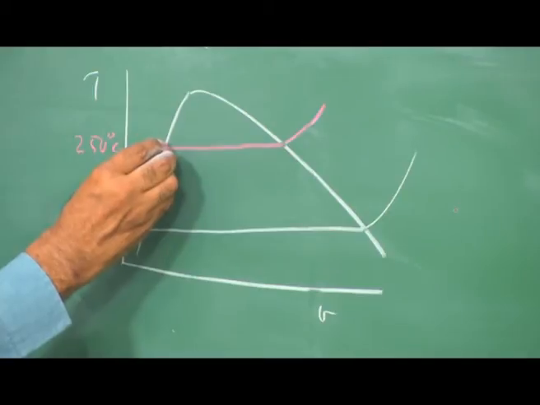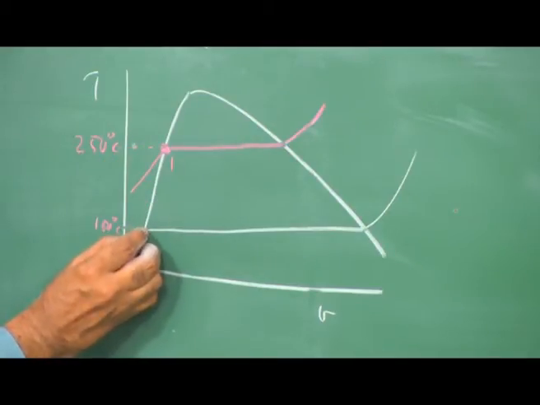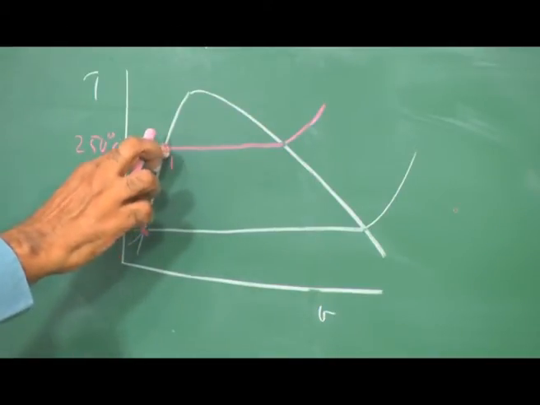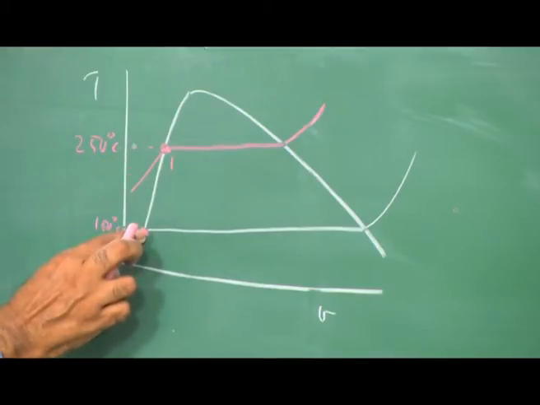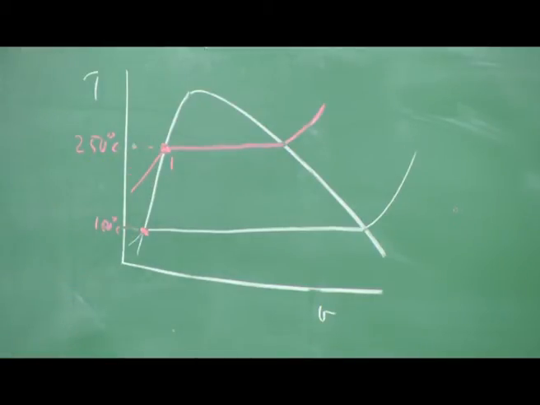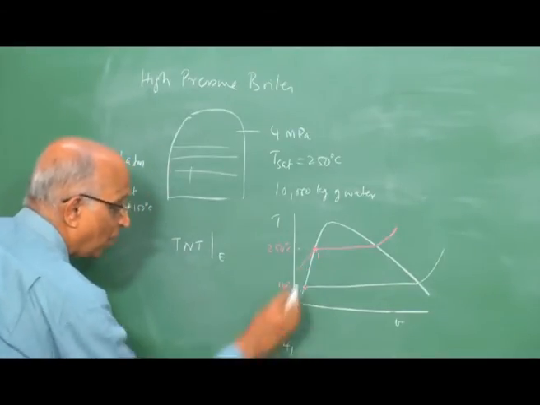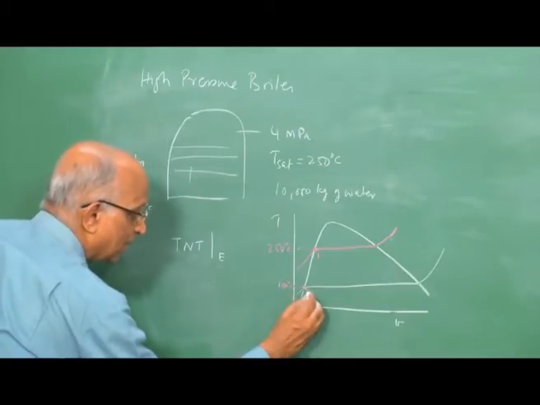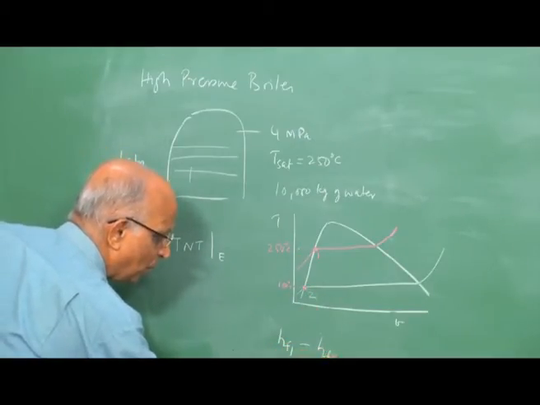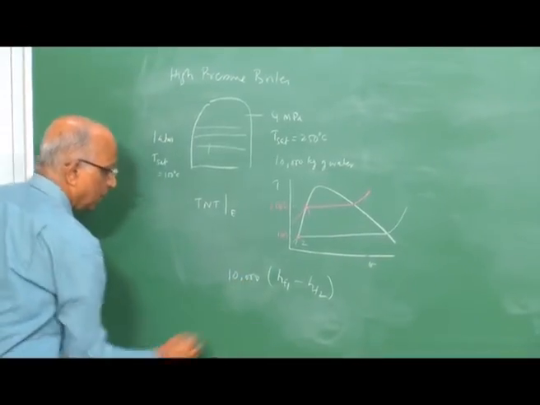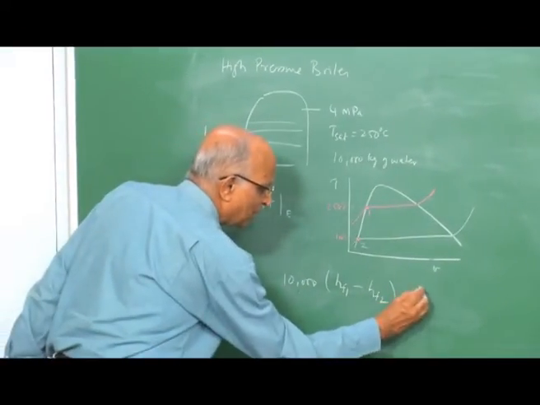When the boiler bursts, the temperature which the water can see is only 100 degrees centigrade. Therefore, the energy content at this metastable state is HF1 for state 1 of the water, minus HF2 for state 2, in kilojoules per kilogram, multiplied by 10,000 kilograms. This is the total energy which is available.